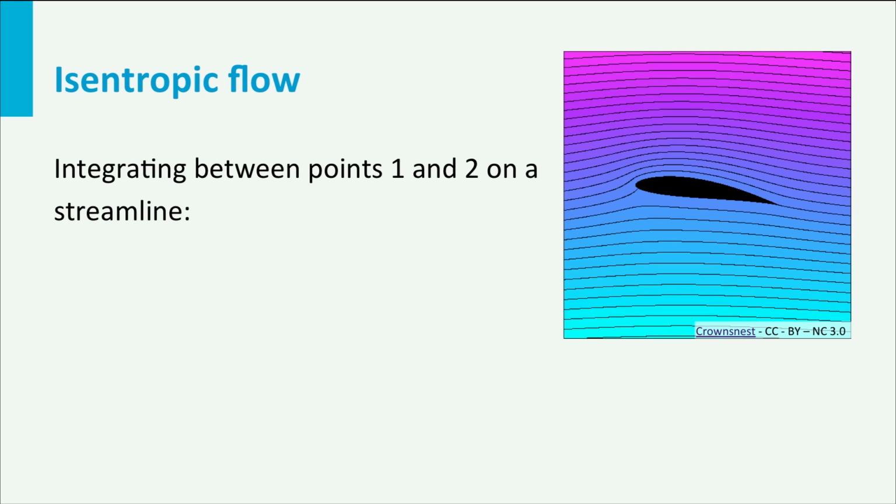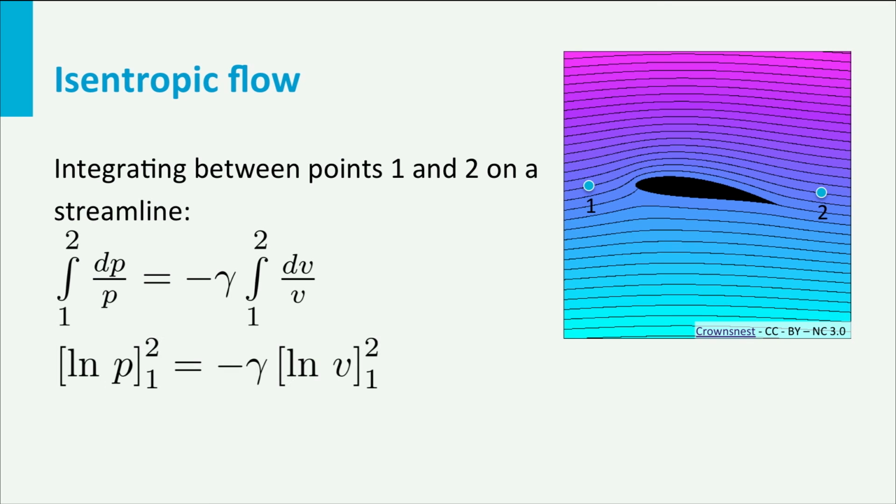If we integrate this equation along a streamline between points 1 and 2, we get the integral from 1 to 2 of dP over P is minus gamma times the integral from 1 to 2 of dV over V. So the integration gives ln, the natural log, of P between stations 1 and 2 is equal to minus gamma times the ln of V between 1 and 2.